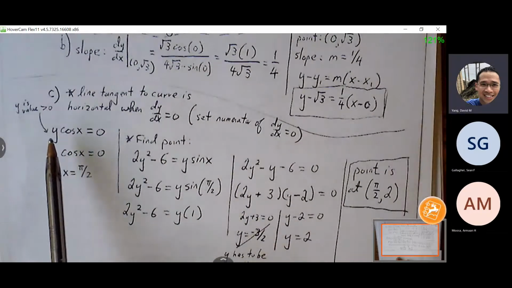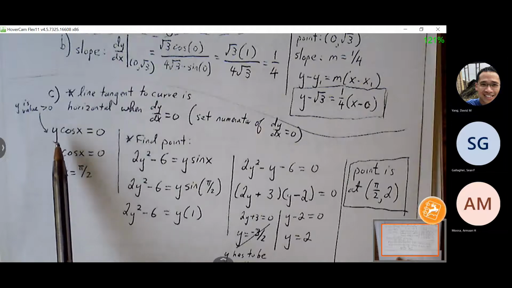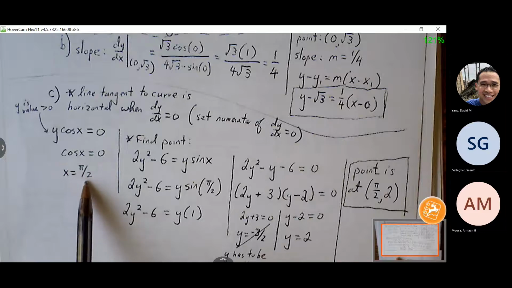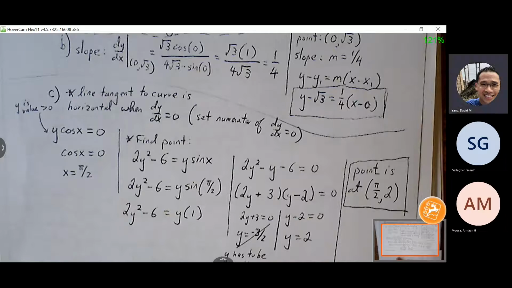I know that y is greater than 0. Solve for x here. I get pi over 2. Okay, we have the x value. We can find the y value by inserting this x back into the original equation. 2y squared minus 6 equals y sine of pi over 2. Sine of pi over 2 is 1.